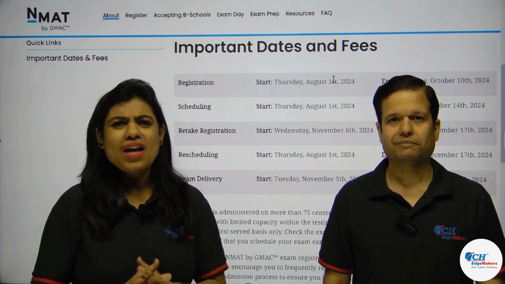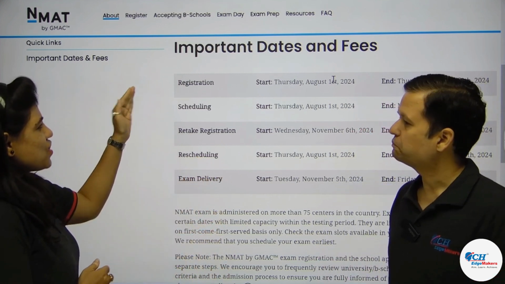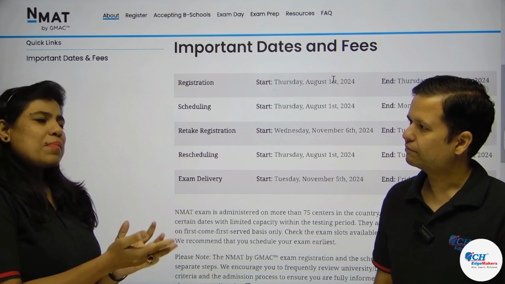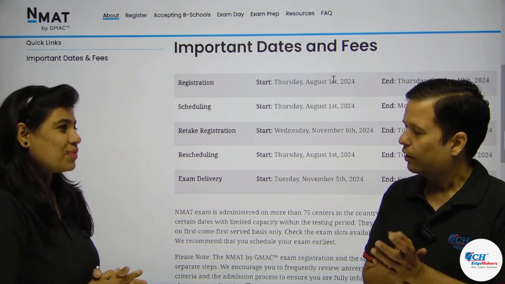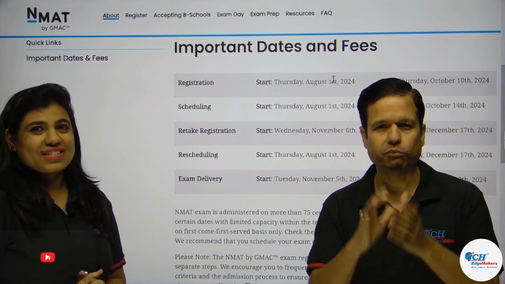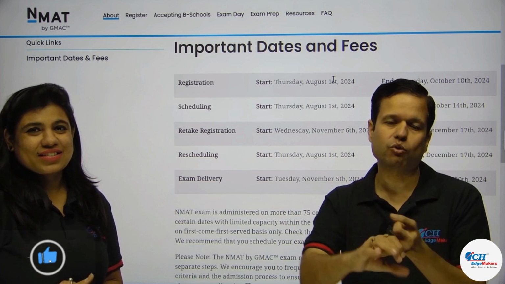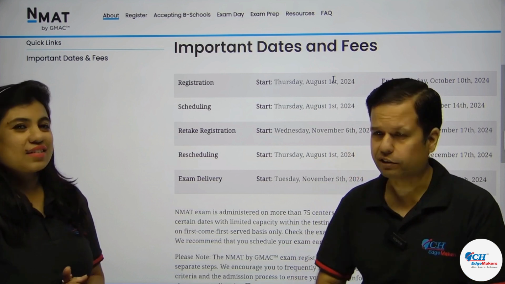So while you see the slide here, we have registration and we have scheduling. There were many students asking what the difference is between registration and scheduling. Registration is only filling in all the details, your personal details, academic details, work experience, and also paying for it, selecting the colleges.